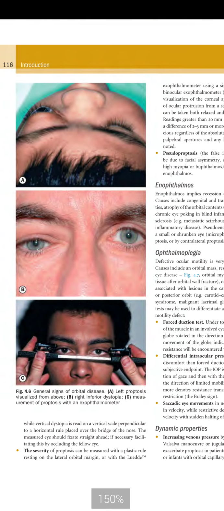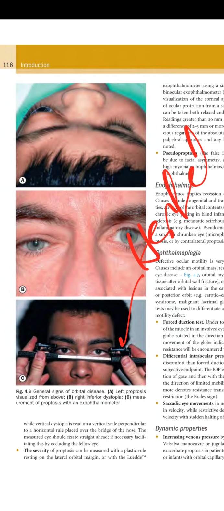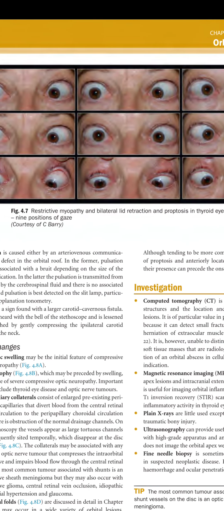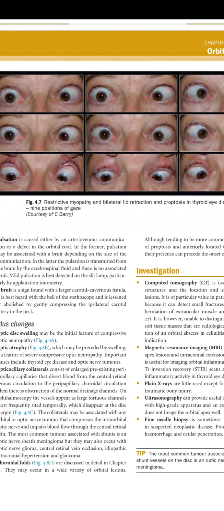So these are the signs. B is showing the inferior dystopia. C is showing the measurement of proptosis with an exophthalmometer, which is known as Hertel. And this is showing the restrictive myopathy and bilateral lid retraction.